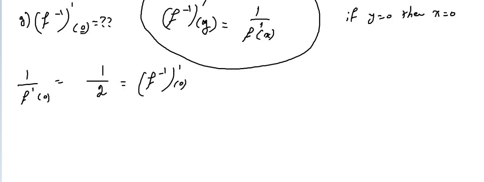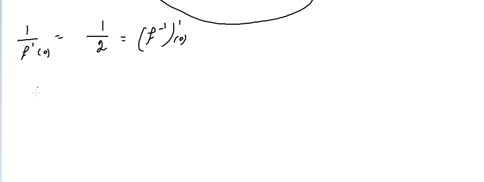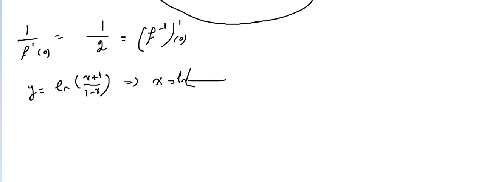Second method, how to find that solution in the second method. What is the expression of F inverse of x? First, F of x is y equal ln of x plus 1 over 1 minus x, right? We interchange. Instead of y, we put x, and instead of x, we put y. It's x equal ln of y plus 1 over 1 minus y, right?